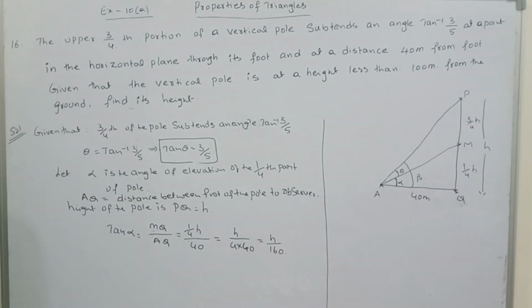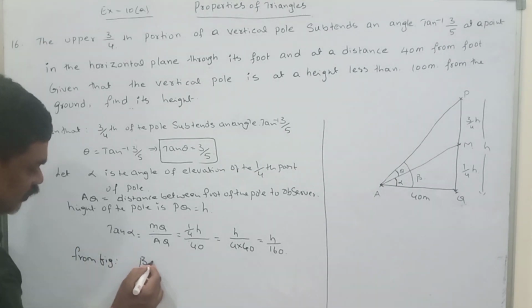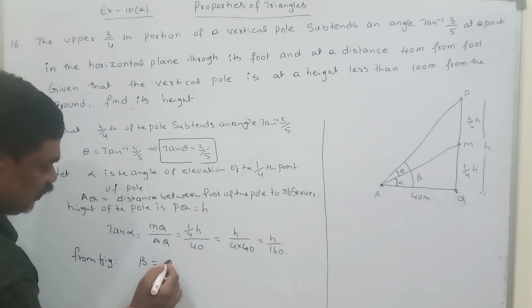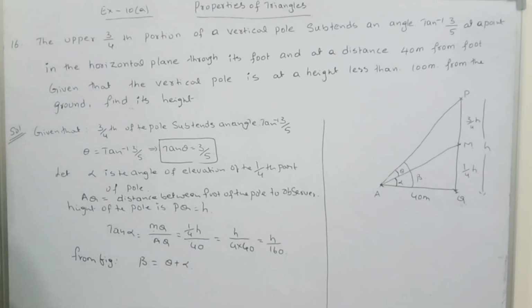Tan alpha is equal to H by 160, and also from the figure, beta is equal to theta plus alpha. So what is tan beta?